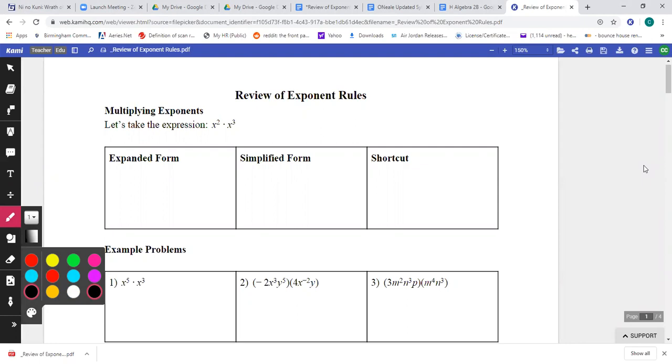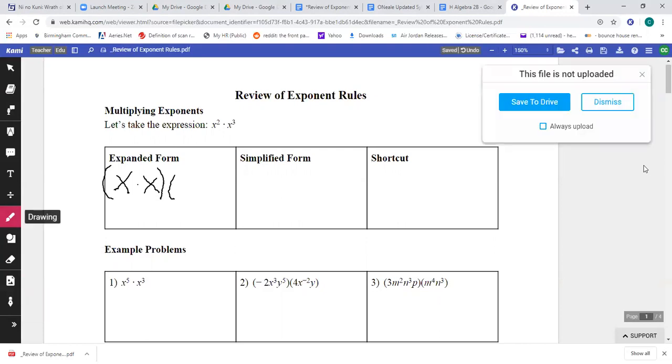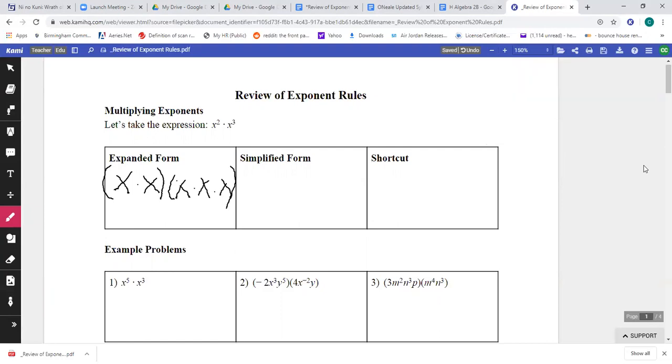A lot of you probably already know the shortcut here, but let me just show you how we build to the shortcut. So in expanded form, I know x squared is I have two x's, and then for x to the third, I know I have three x's. Well, if you go ahead and see how many total x's I have: 1, 2, 3, 4, 5.